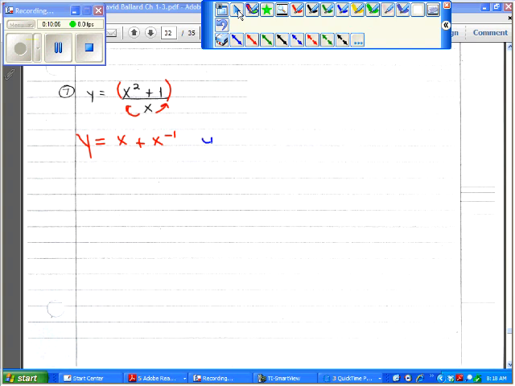So the derivative of that is going to be, what's the derivative of x? 1. The derivative of x to the negative 1 is going to be minus x to the negative 2, so it's minus 1 times x to the negative 2, which is going to look like 1 minus 1 over x squared, right?